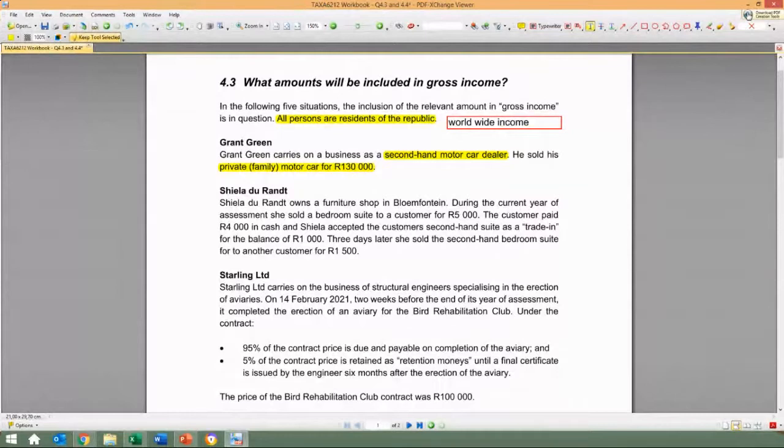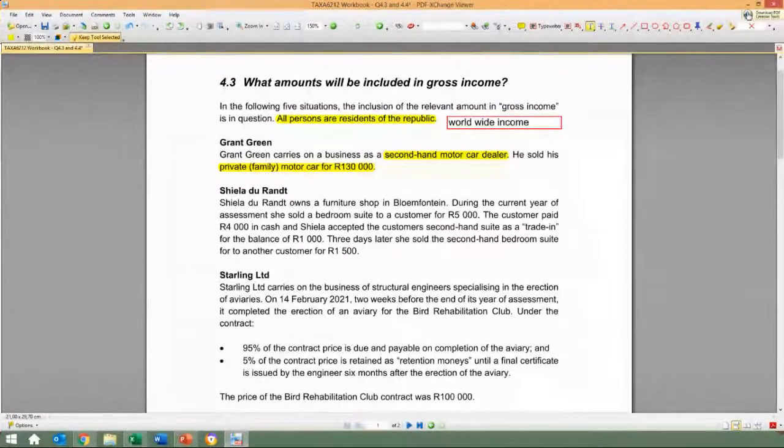Estienne says he thinks the sale is not in the ordinary course of business, it's a private sale. Magdalene thinks it is of a capital nature because it is a car. So this is where you will have to motivate. This one could go either way depending on how you motivate it. Because he is a second-hand motor car dealer, he will have to motivate that the sale of his car is a private sale and does not form part of his business.